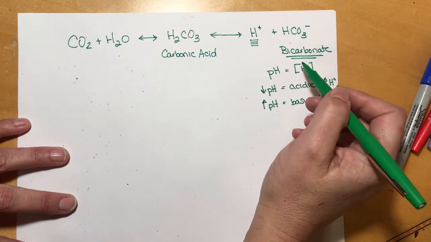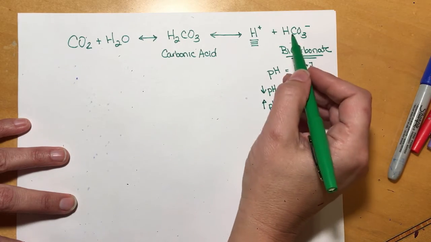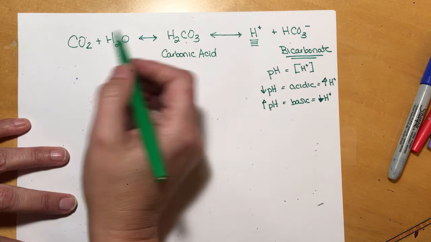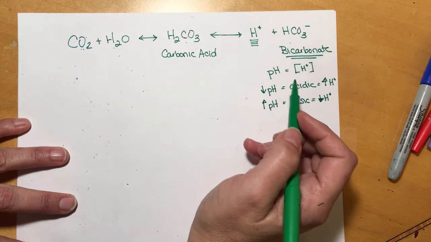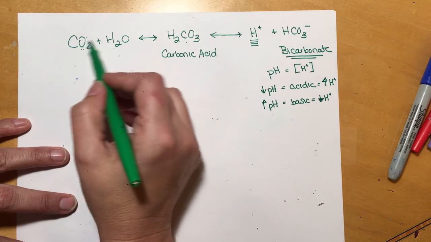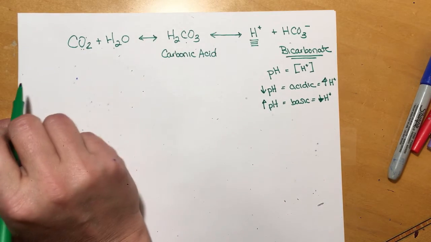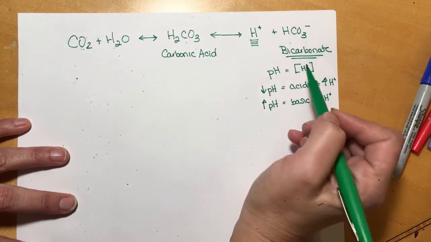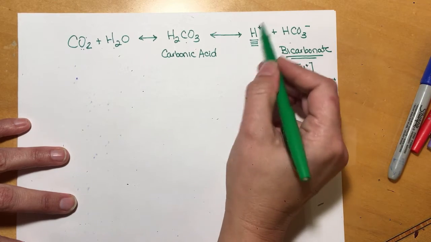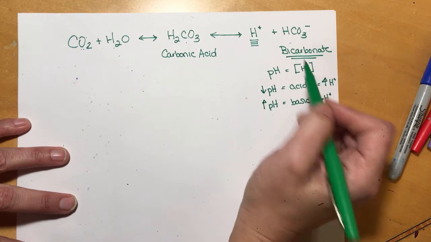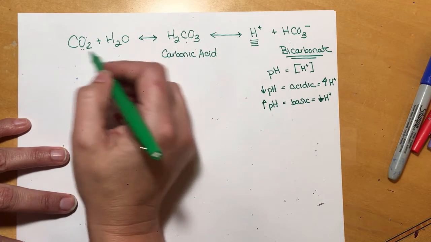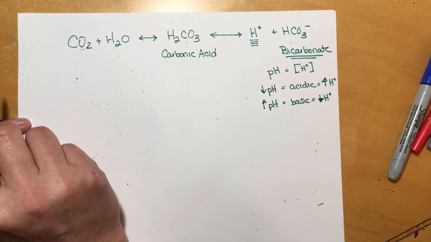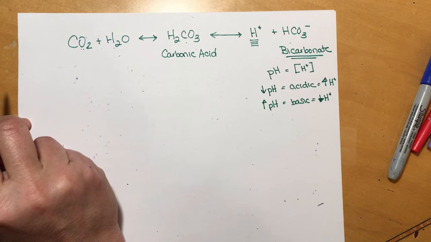So if there's too many hydrogen ions, it can bind to bicarbonate, form carbonic acid, and then dissociate into carbon dioxide and water. Neither one of these is going to affect pH, but this does affect pH. So we can kind of mop it up, if you will, with the bicarbonate ion buffer, and force it to become these chemicals which do not change the pH.